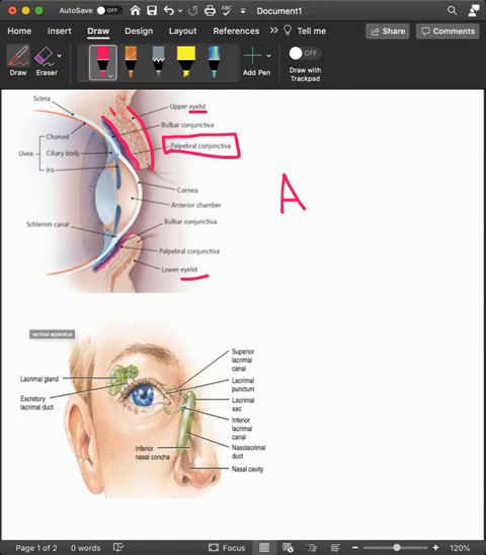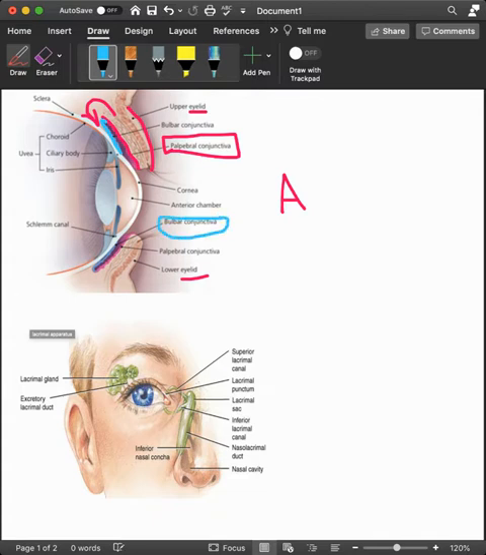But then it kind of does a little loop and it comes down the actual sclera. And when it does that, I'm gonna switch colors. When it comes back down and kind of makes a pocket and comes and touches the actual sclera, the actual eye, the anterior portion of the eye, it becomes the bulbar conjunctiva. Okay.